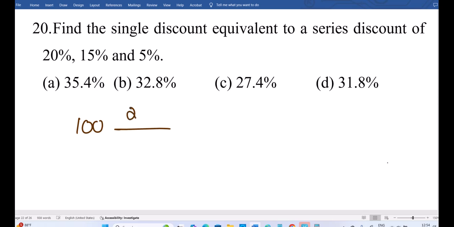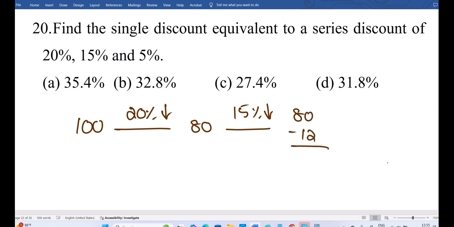100, first discount is how much? Means it becomes 80. Next discount you have to give for 80, not for 100. For 80, 10% is 8, 5% is 4, 12 gone. It will be 68. Next 5% discount.